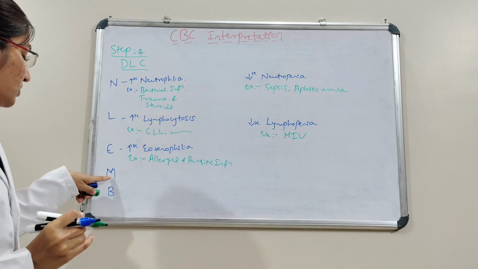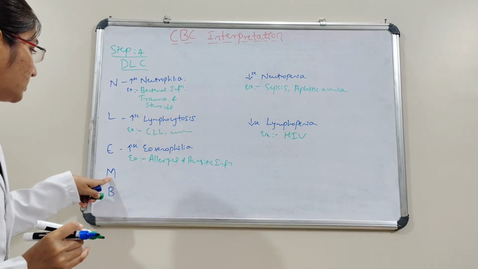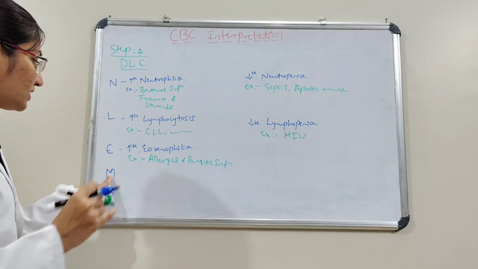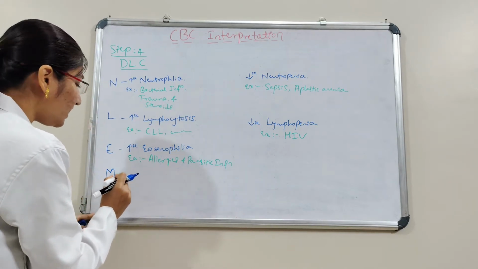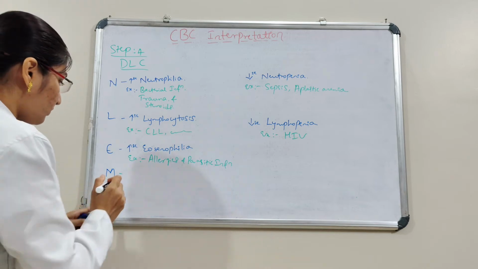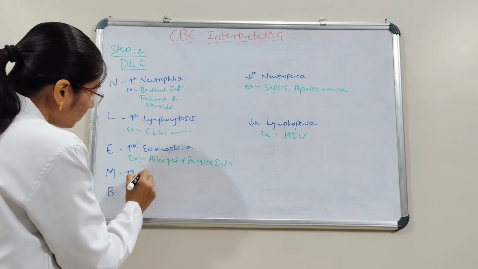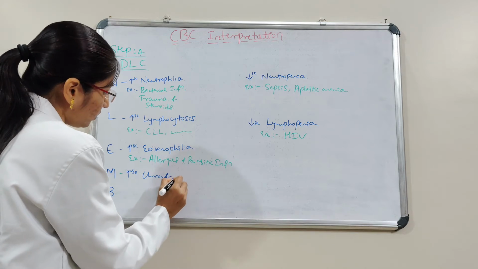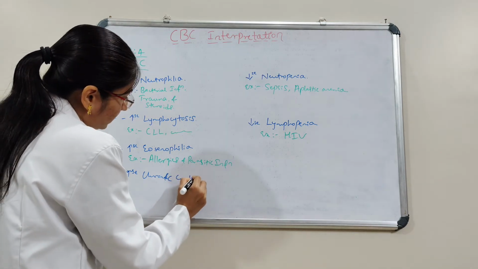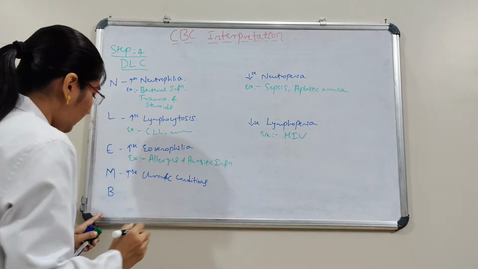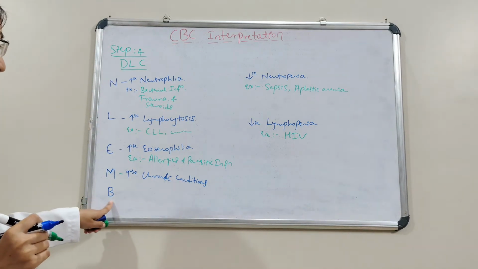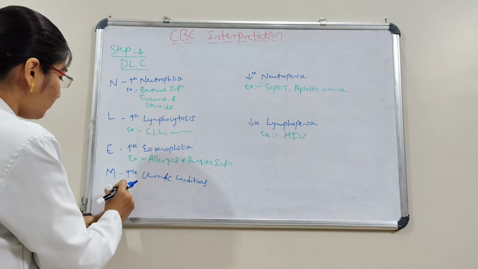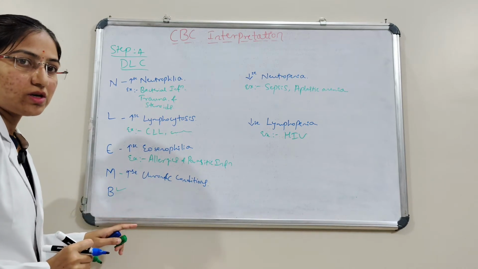And then monocytes: if the count is increased, it is in chronic conditions. And basophils, a rise is very rare.